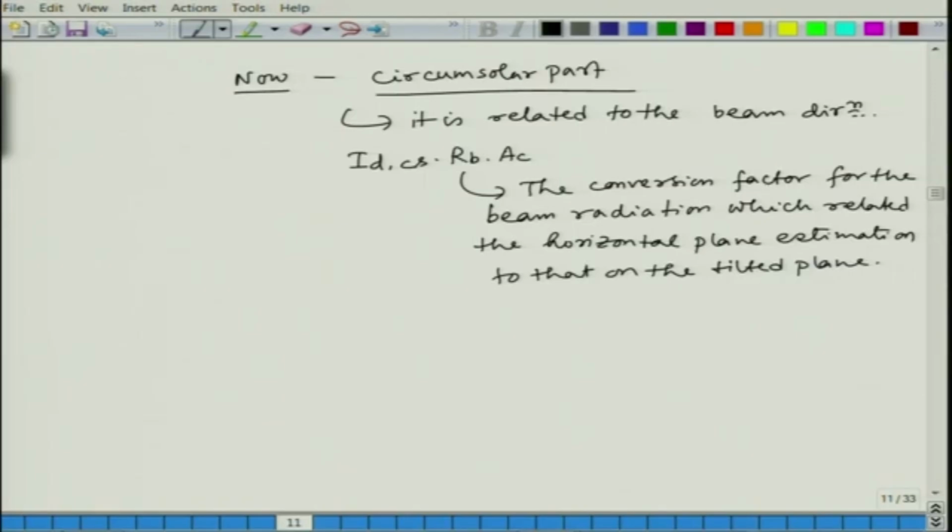This is diffuse radiation of course, but it has a directional notion as well. That is why we are including this RB factor to this particular term. Okay.